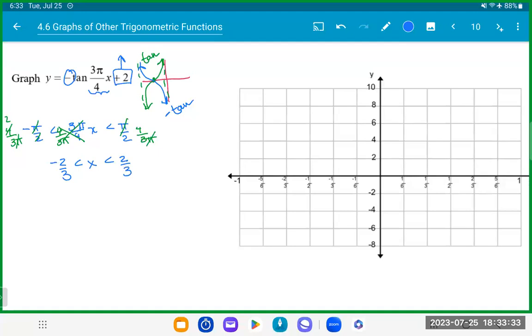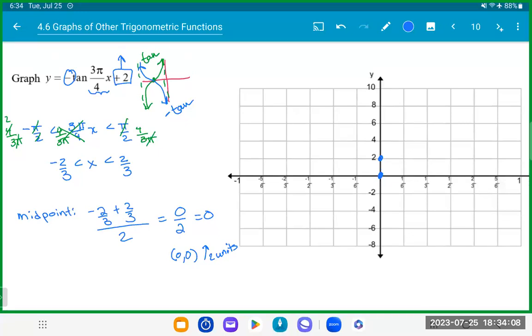Okay. So let's find our midpoint. We have negative 2/3 plus 2/3 divided by 2. That is 0 divided by 2. So my midpoint is at 0, 0. And I need to move up 2 units. So here's 0, 0, but I have to transform up 2 units to right here.